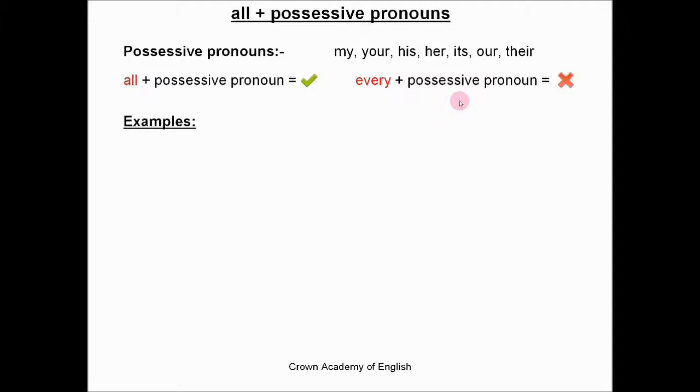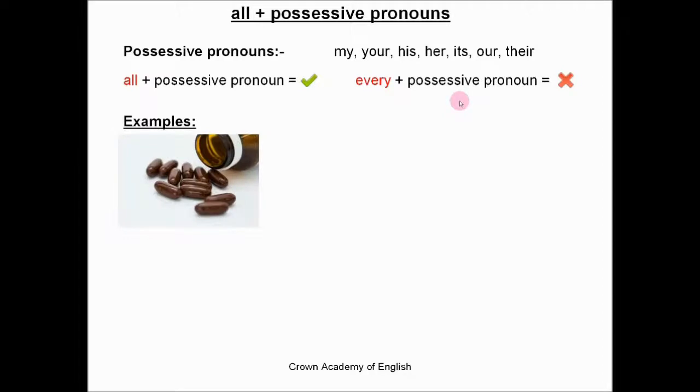Example. So here we can see there are some tablets, some medication. The tablets are brown in color. And if we want to use the word your, if we want to say that they are your tablets, we must use the word all. So we can say all of your tablets are brown. That is correct.